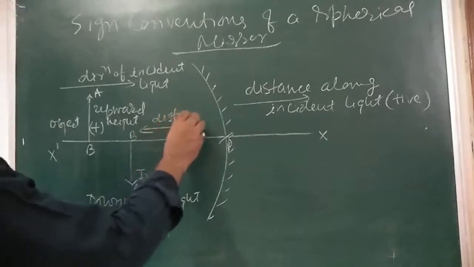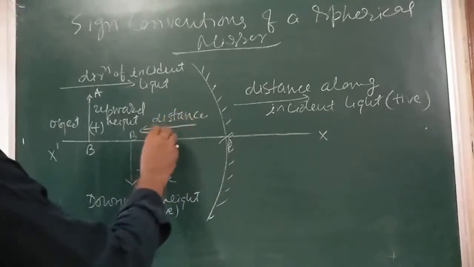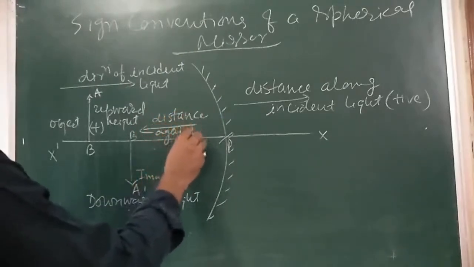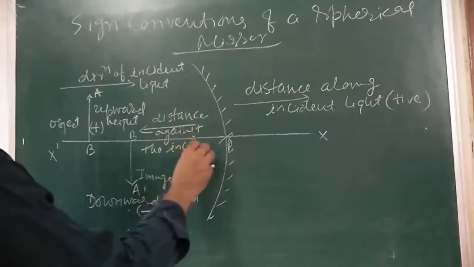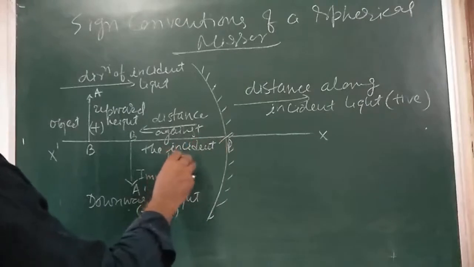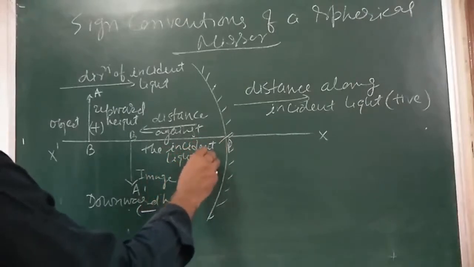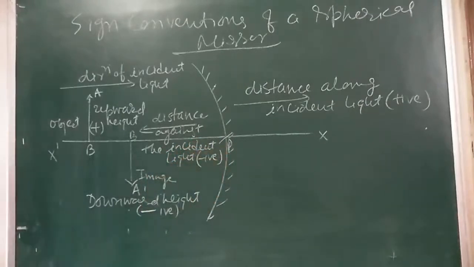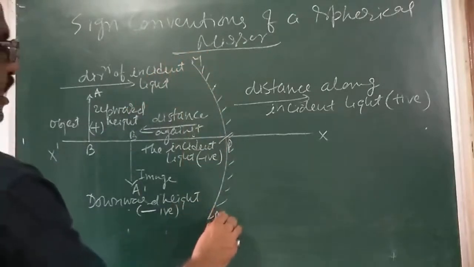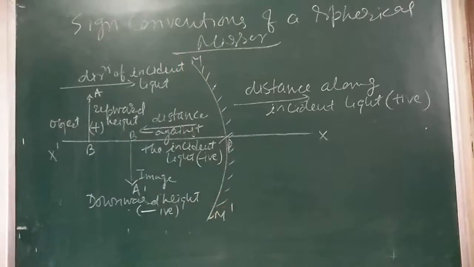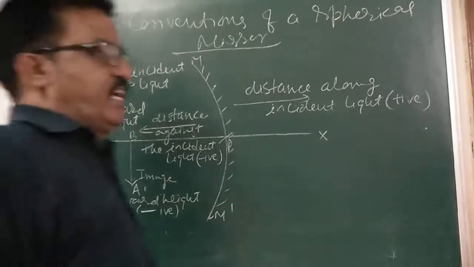Distance against the incident light, that is negative. Here it is our aperture M M dash. Draw the figure, then I will explain all the sign convention.